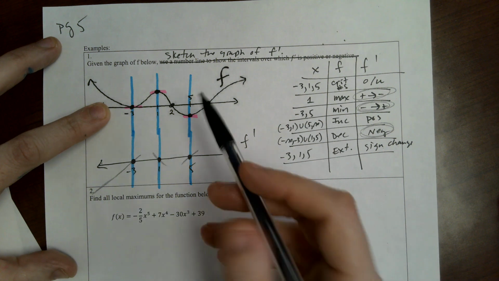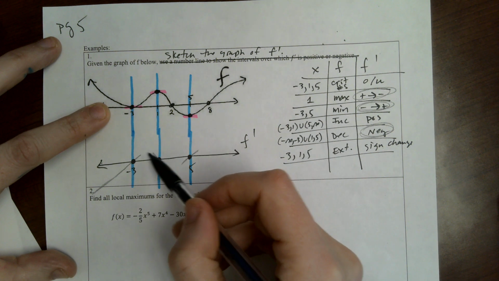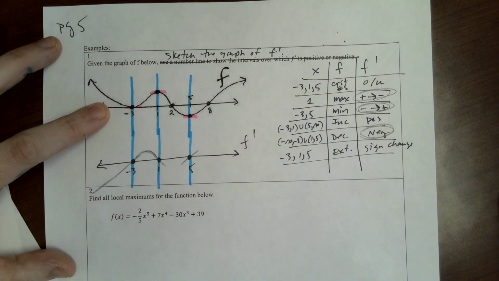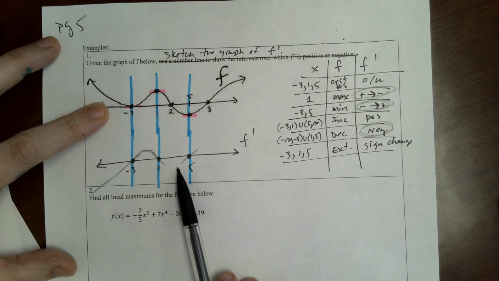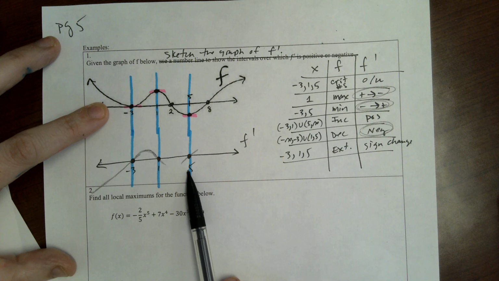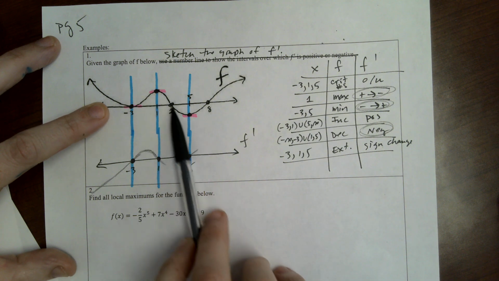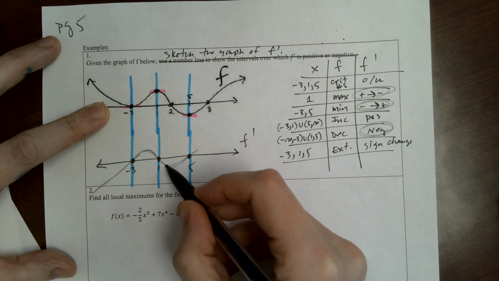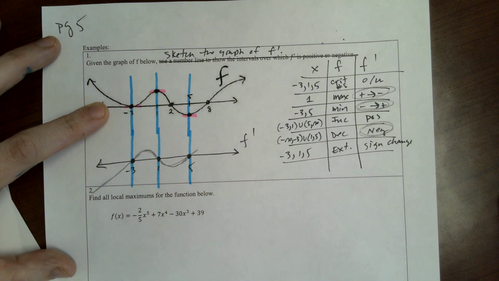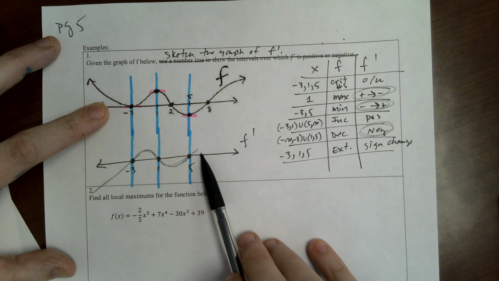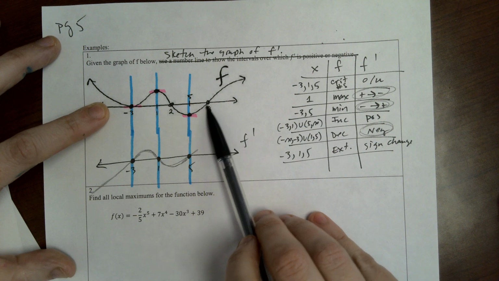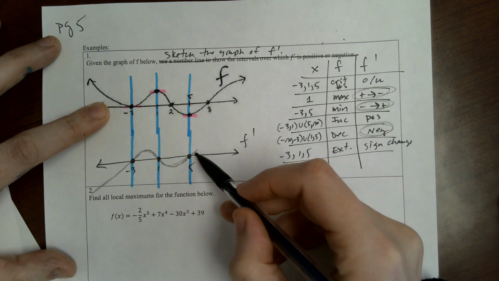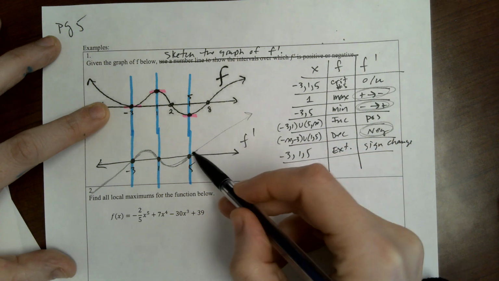So I just need for f prime to be positive, and I need to connect that. Okay, and then here, from 1 to 5, f is decreasing, meaning f prime is negative. So that works if I just connect that. And then f is increasing, so f prime is positive.